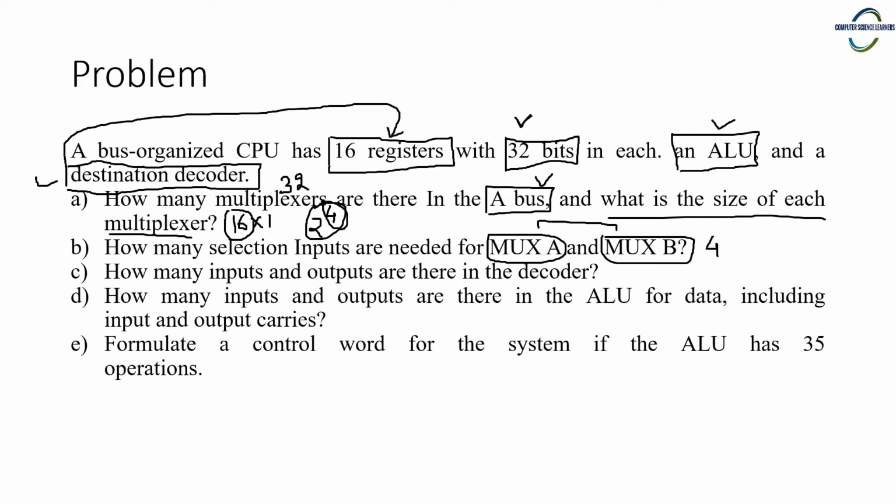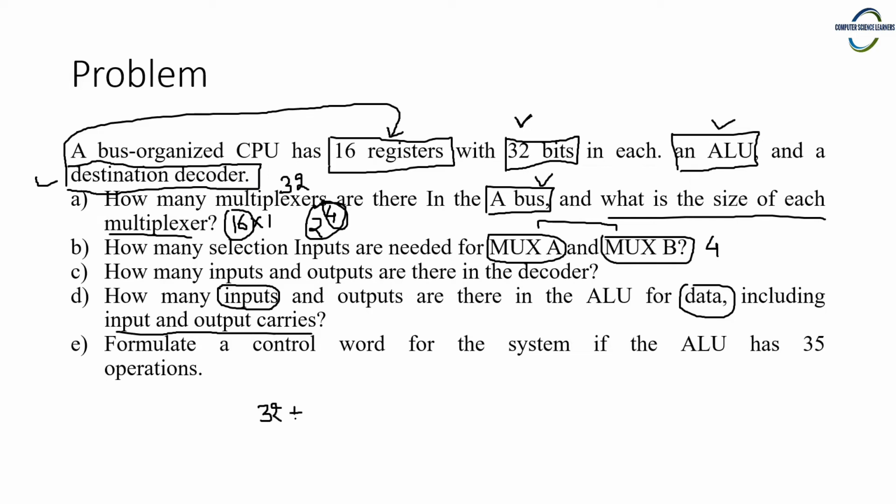Then how many inputs and outputs are there in the ALU for data? Data we are getting from 2 buses, including input and output carry. If I talk about input, how many bits am I getting from bus A? 32 bits, right?